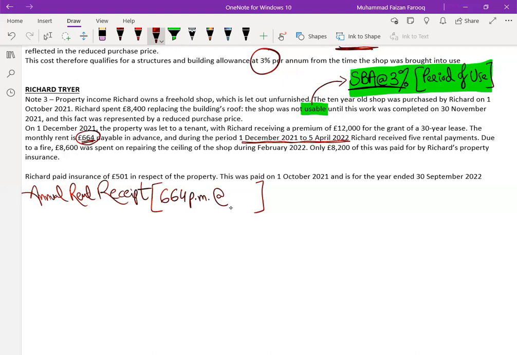December, January, February, March, April. So 4 months, 4 times £664, and how much amount?